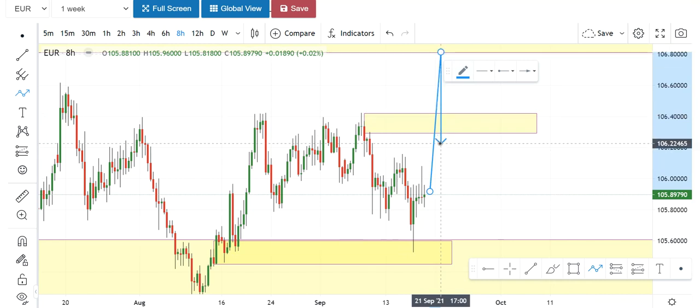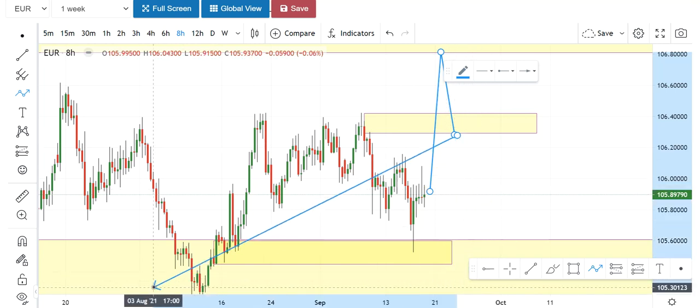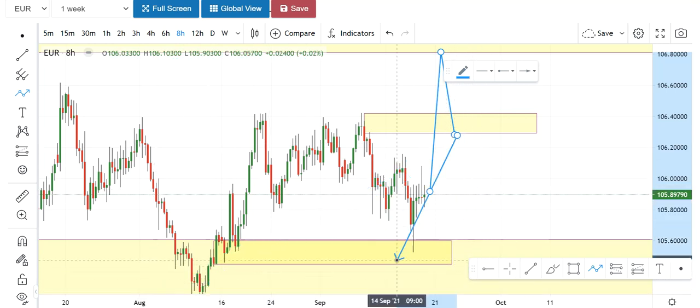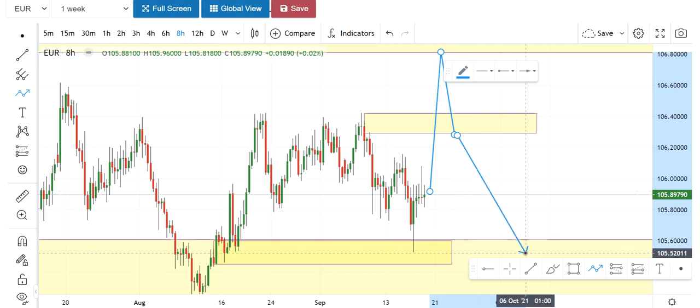But if the supply zone holds, then we would expect that price will fall from this particular point, this particular dot, and fall to the downside to close all previous orders that have been set there.